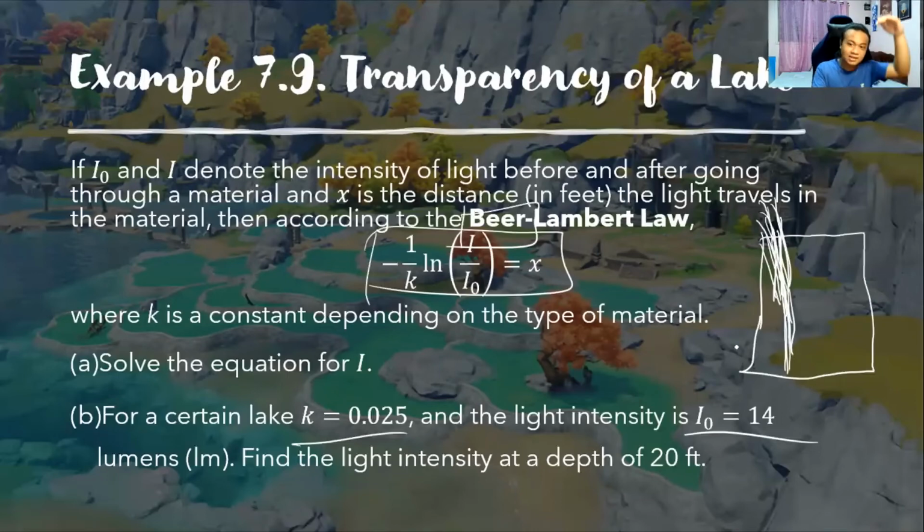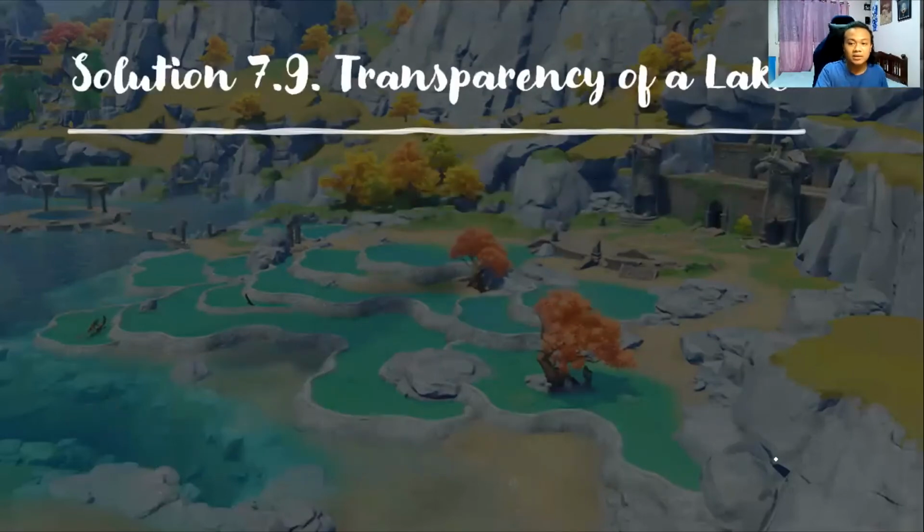So as it travels down, it gets darker. So we have to find the light intensity at the bottom, at 20 feet. We expect that from 14 lumens the light intensity will decrease a lot because it's getting deeper. So yeah, let's solve for the transparency of the lake. Let's solve for I.